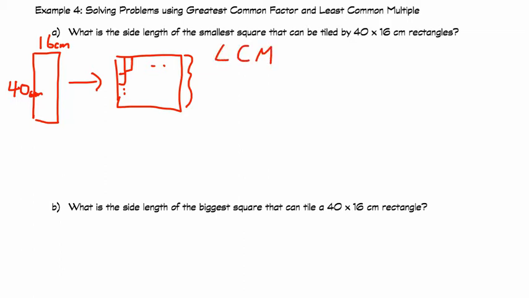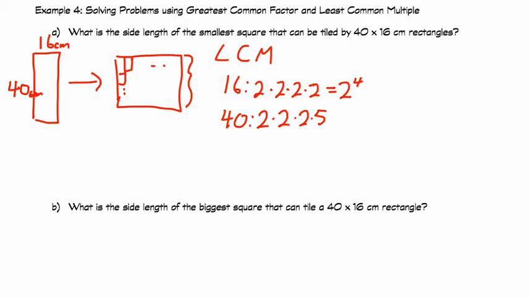To do that, we need to find the factorization of 16, which is 2 times 2 times 2 times 2, or 2 to the power of 4, and the factorization of 40, which is 2 times 2 times 2 times 5, or 2 to the power of 3 times 5.